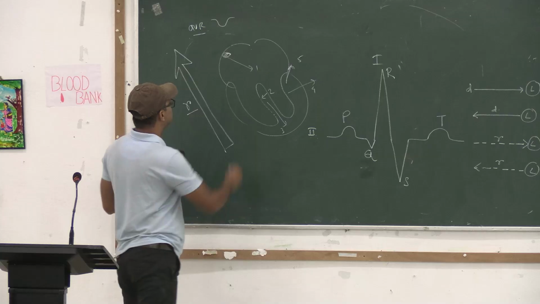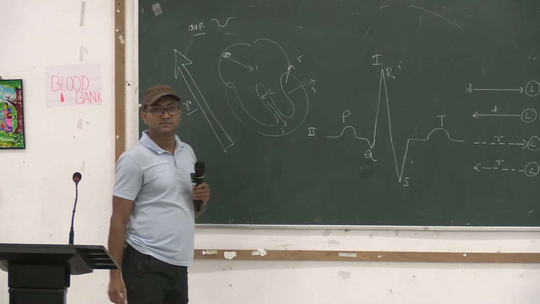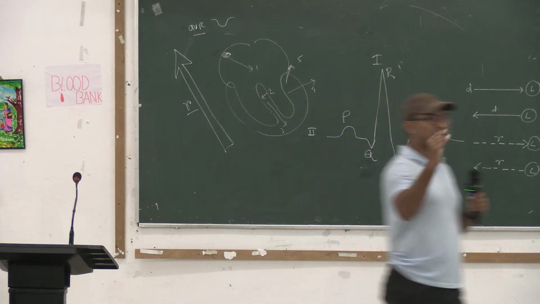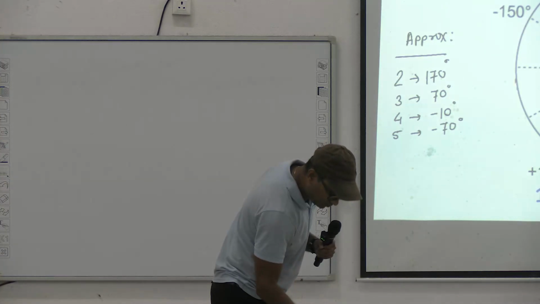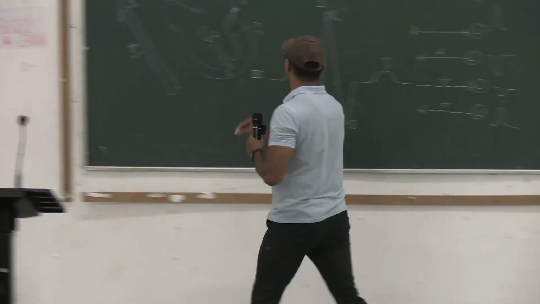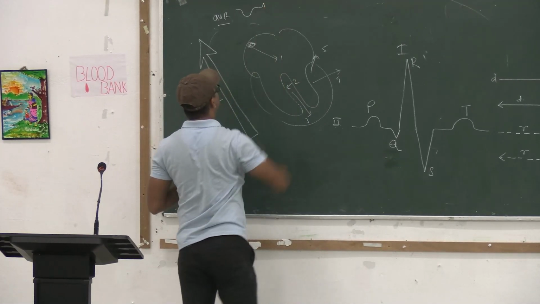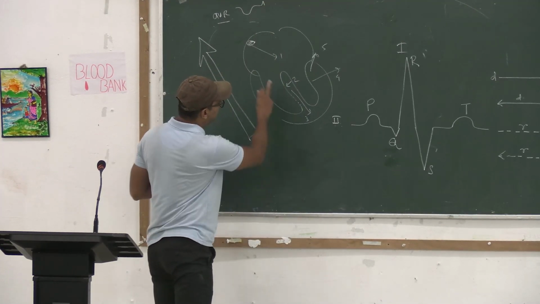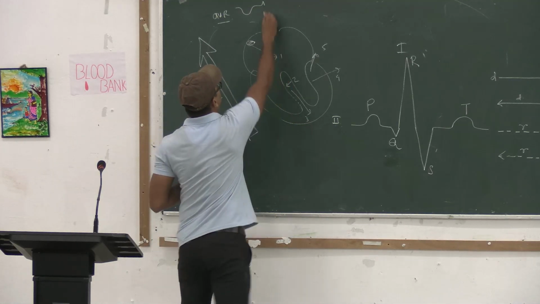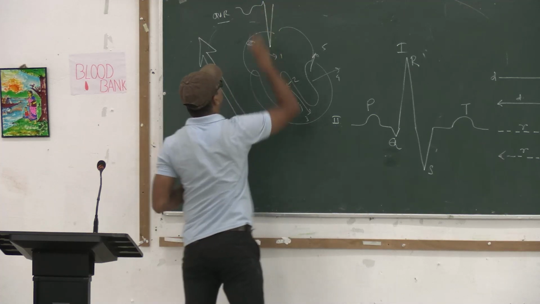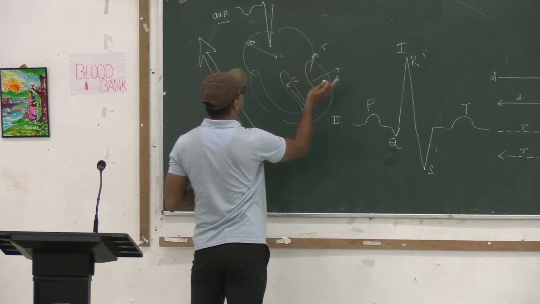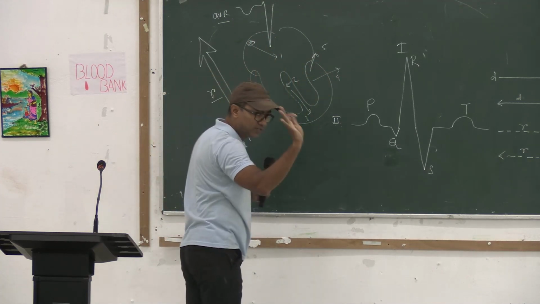The second vector, depending, is slightly up or slightly down. Then the third is moving away from the lead. Vectors 4 and 5 altogether are slightly towards the lead.